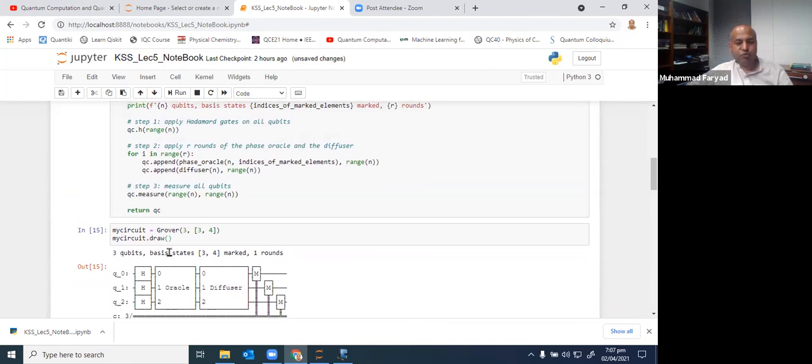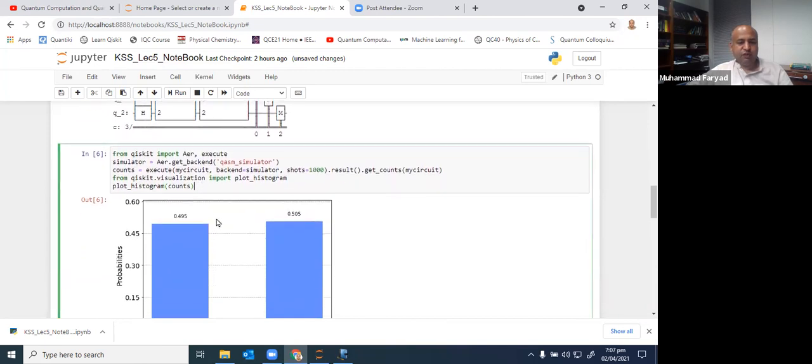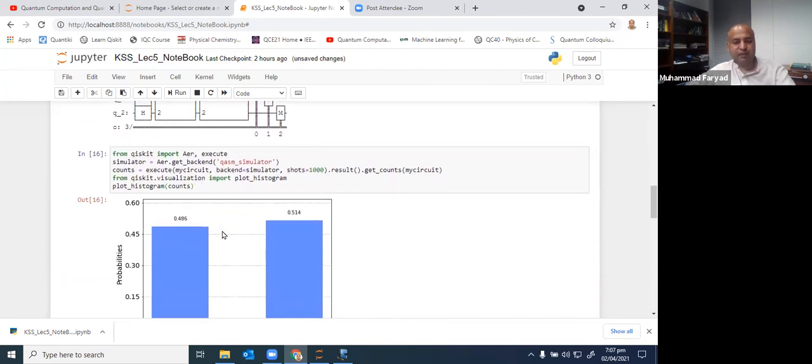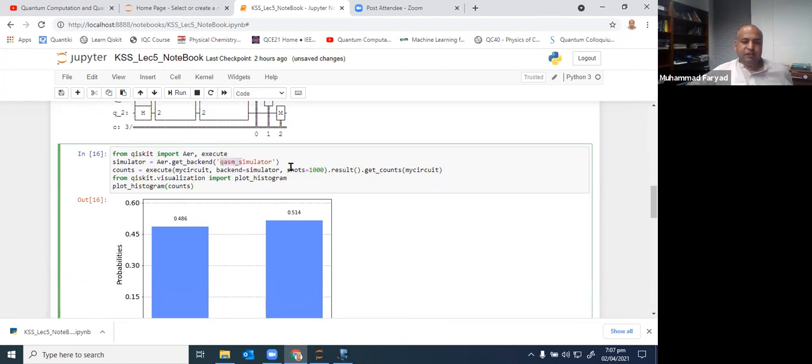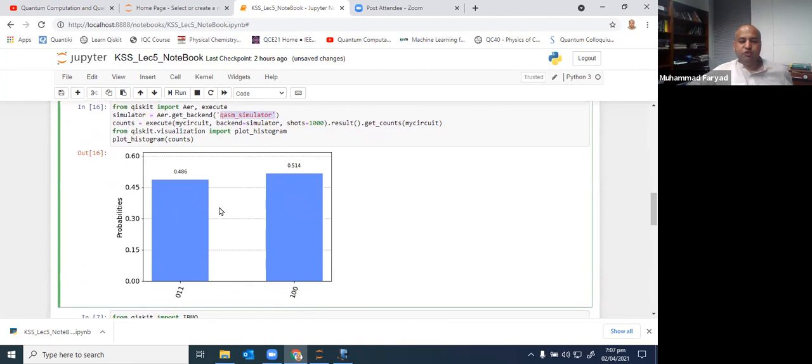There are 3 qubits, 2 states are marked, and R is 1. And this is the oracle and this is the diffuser. And I'm first executing it with the simulator, and see, my output is 011 and 100 with 50% probability, which tells me that I have 011 and 100 as solutions.